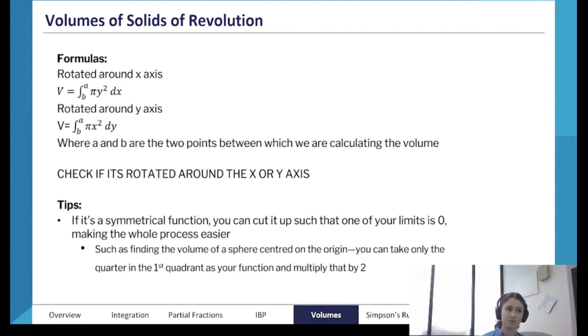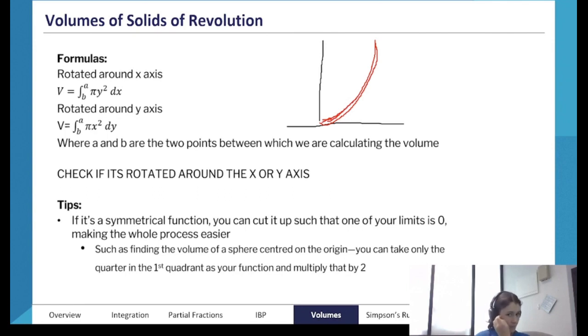What we can do in specialist is consider if we had a curve, say a parabola, in this domain here. Not sure why it's so thick, but it is.